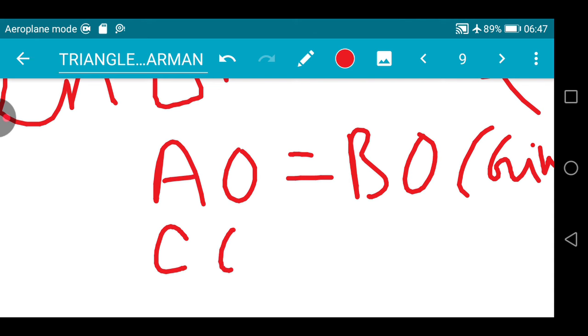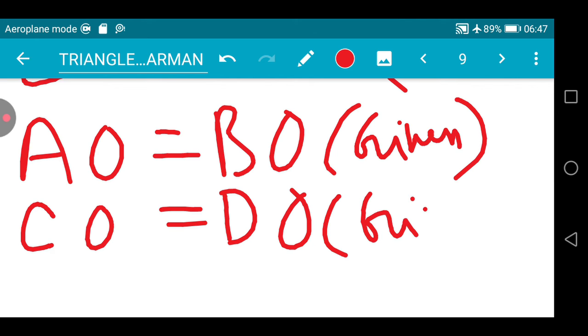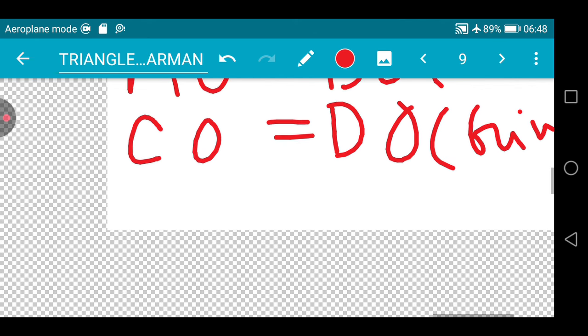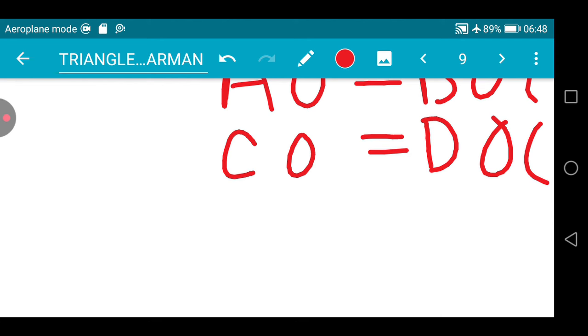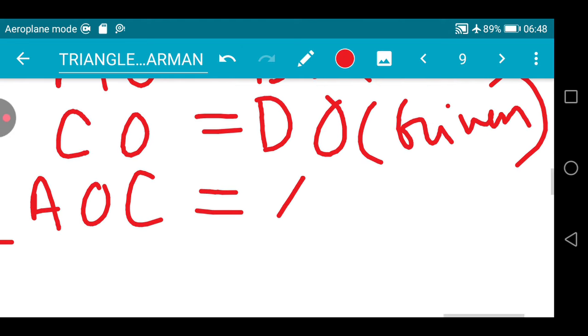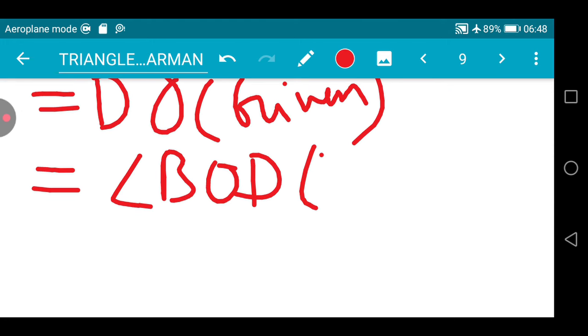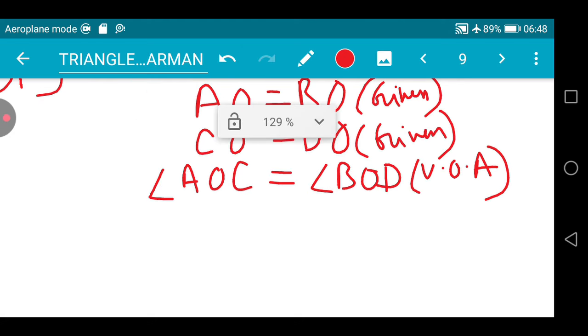And CO equal to DO, this is also given. So we have proved angle AOC equal to angle BOD, vertically opposite angles. This is what we did in lines and angles. That's why lines and angles come earlier than triangles.